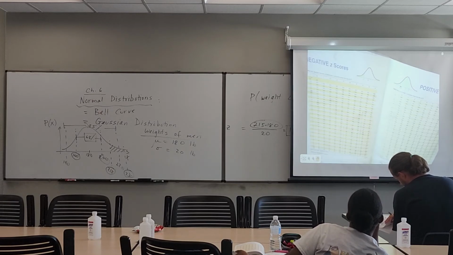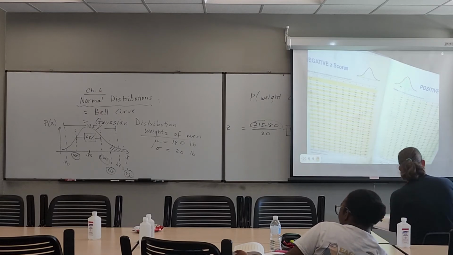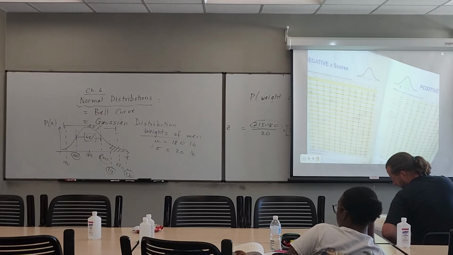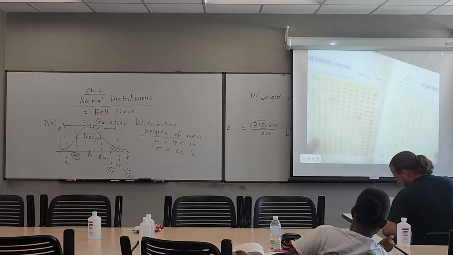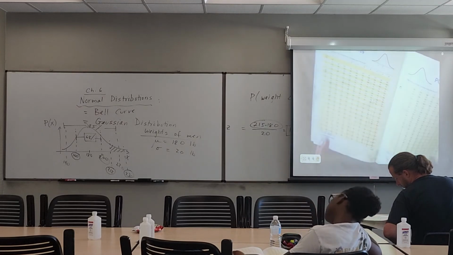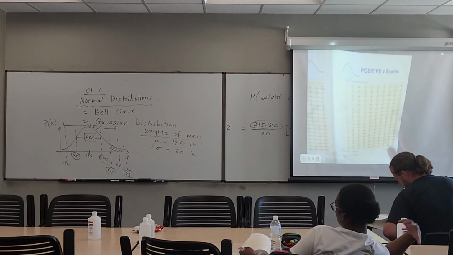If our data point is to the left of the mean, like 110, then we'll have a negative z-score. What if our data point is exactly the same value as the mean? What's our z-score? 0, very good. So because our z-score that we calculated is 1.75, we're going to use the positive z-score side.